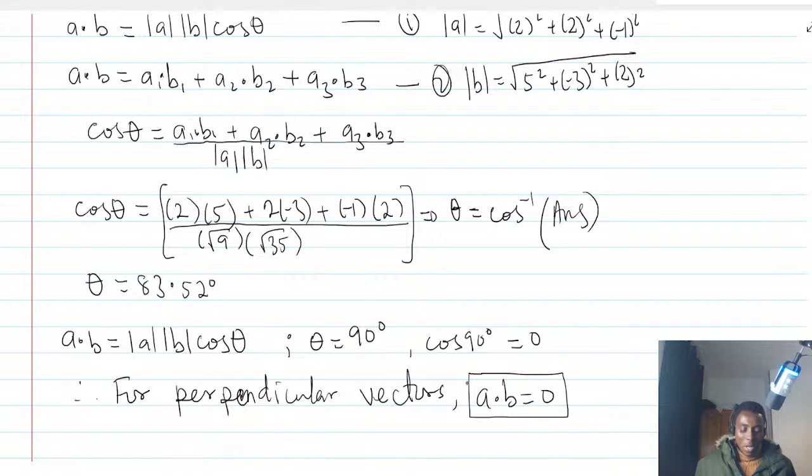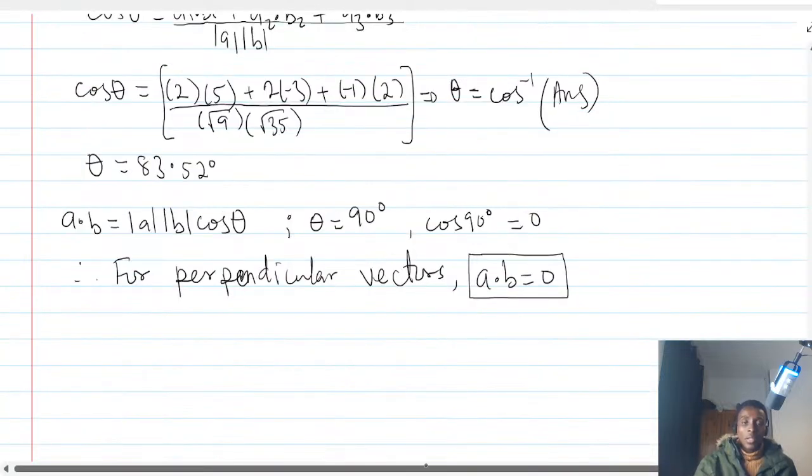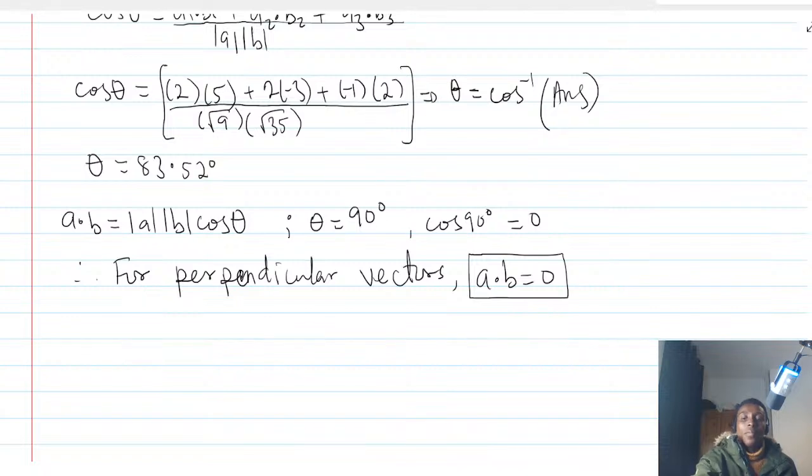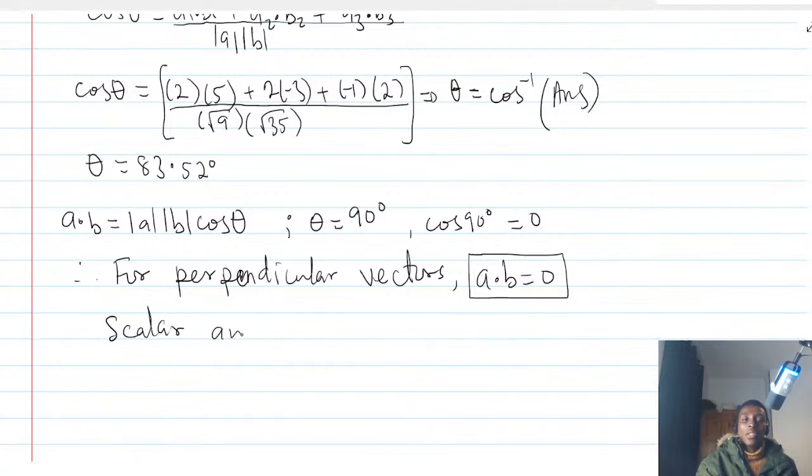If it is perpendicular, the dot product is 0. All right. And then let's look at projection. So scalar and vector projection.